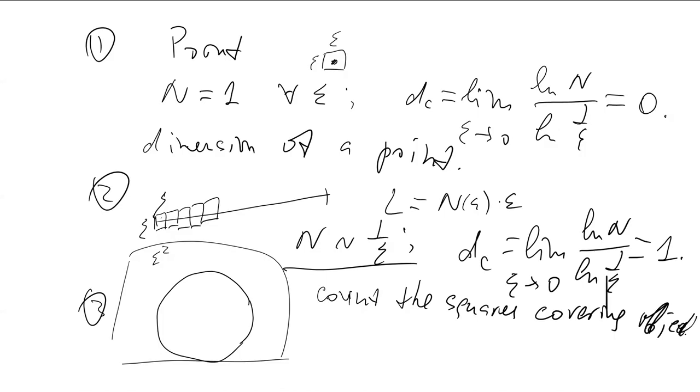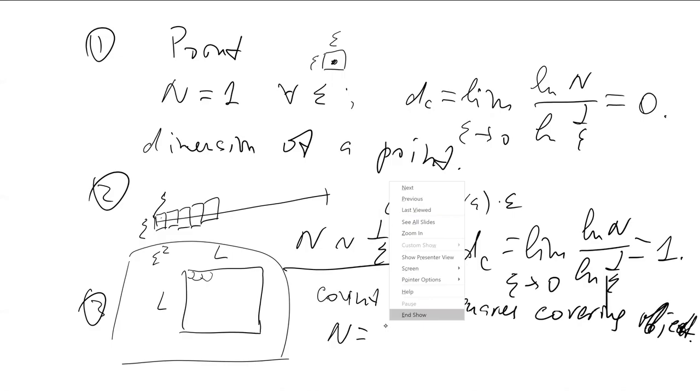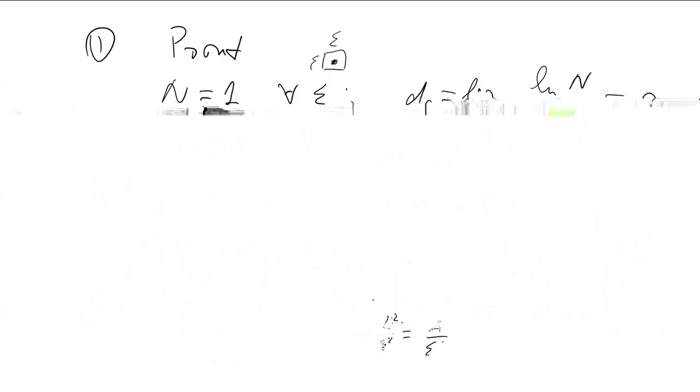So we can do it even easier. Instead of considering any object, I will consider a square, say L by L. Then we can see that the number of squares which cover this will be n equals L squared over epsilon squared, or area over epsilon squared.